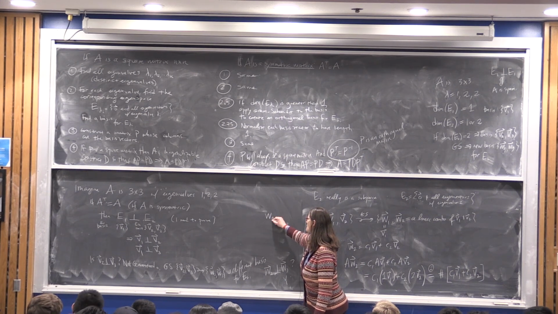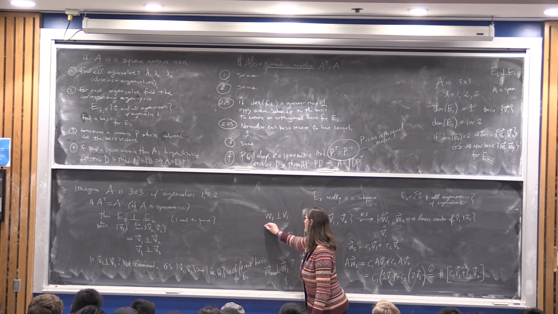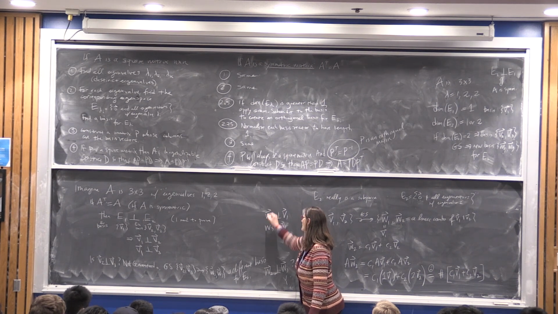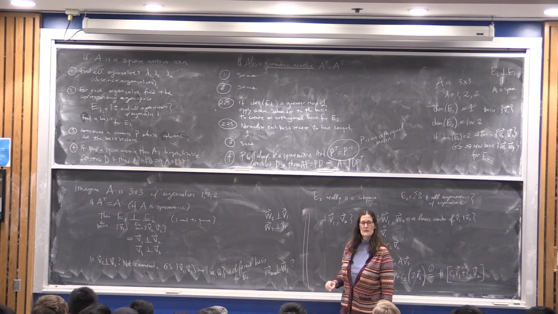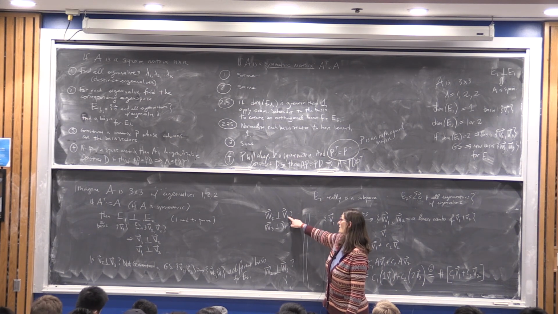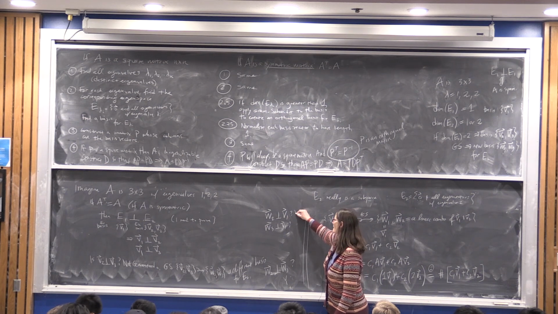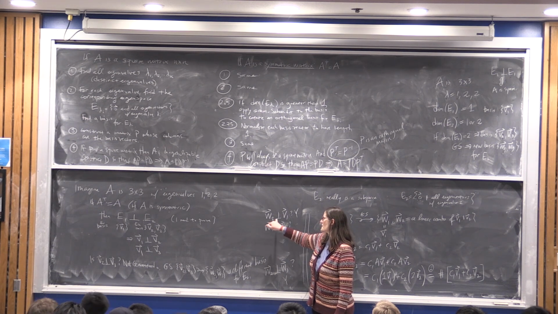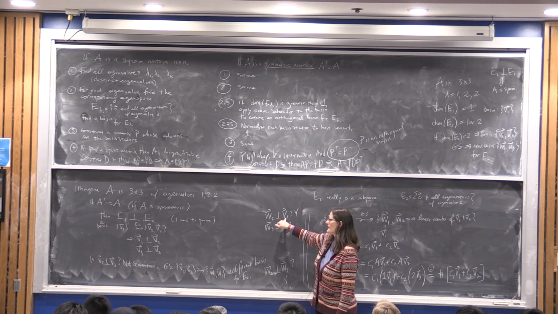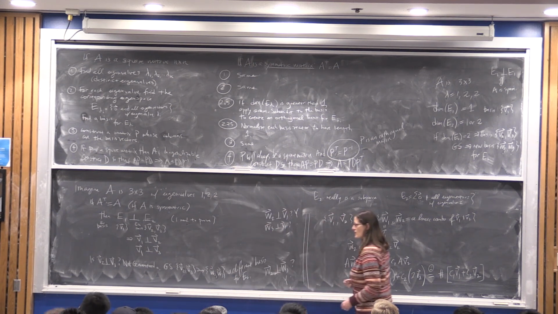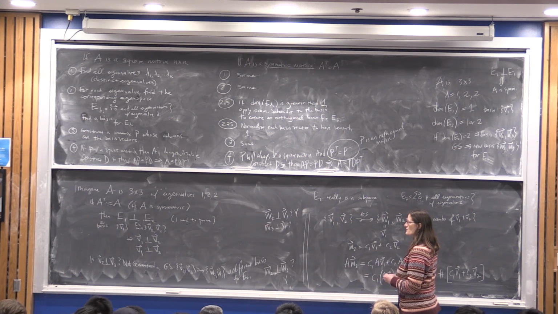Is W2 orthogonal to V1, and is W3 orthogonal to V1? Yes, because this is an eigenvector for eigenvalue 2, and this is an eigenvector for eigenvalue 1, and I still need to prove that eigenspaces are mutually orthogonal when I have symmetric matrices.